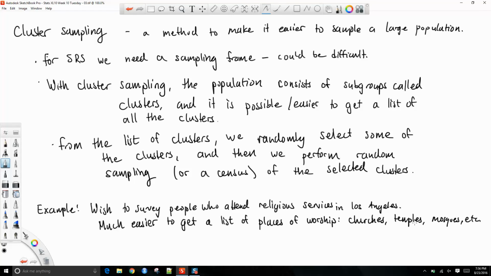Then you would perform random sampling to select, I don't know, maybe 20 or 30 different places here, and then with the selected locations, perform either a census or random sampling within the selected locations.